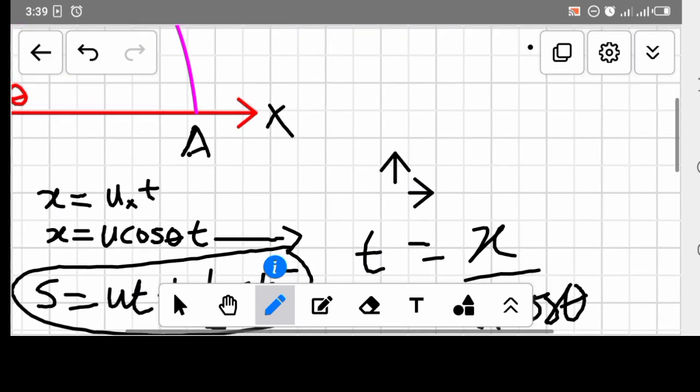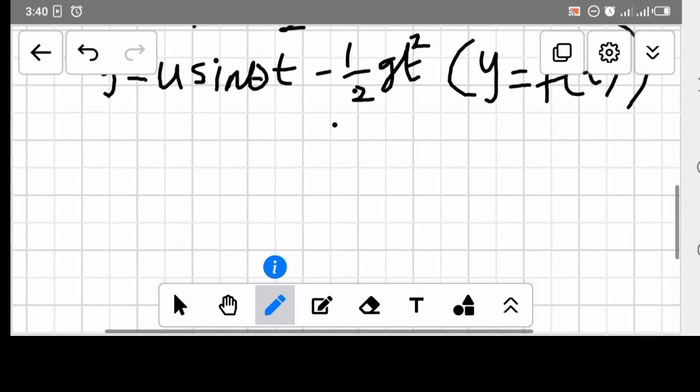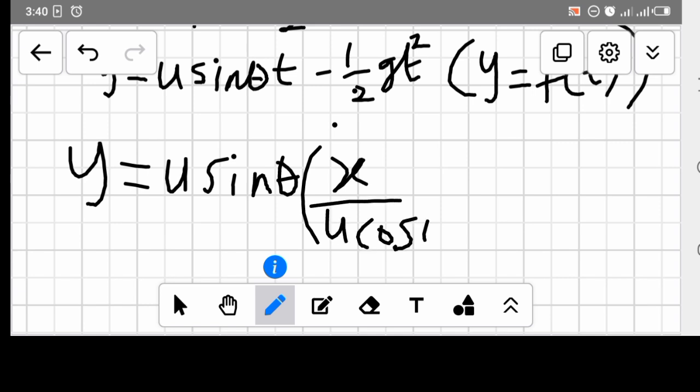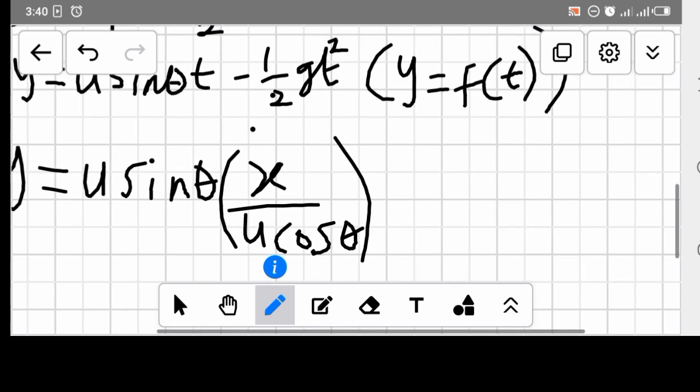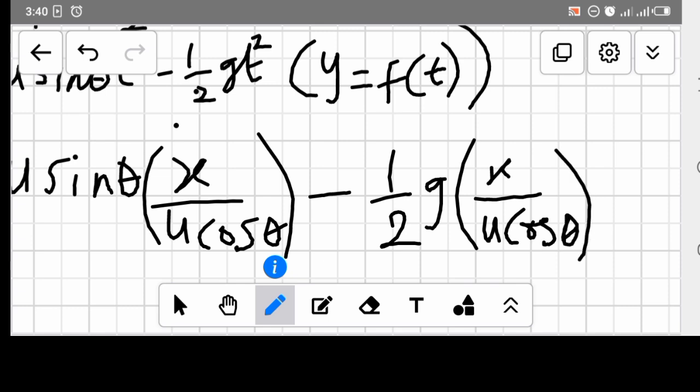So wherever I see t, I can put y equals u sin theta into brackets, so t becomes x over u cos theta, then minus half g, and t also is x over u cos theta, closing the bracket and squaring it.